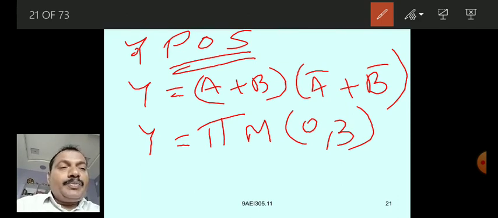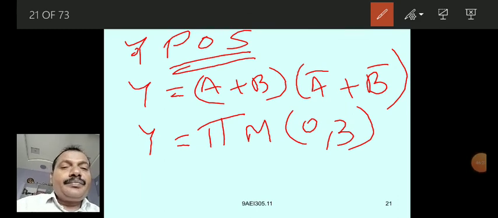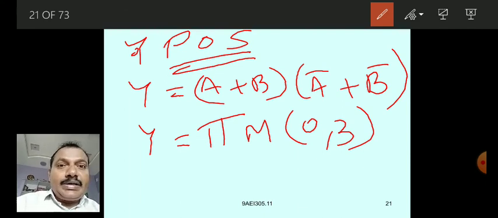Once SOP POS expressions are available, you can simplify them and you can implement with basic gates or universal gates as I already discussed.